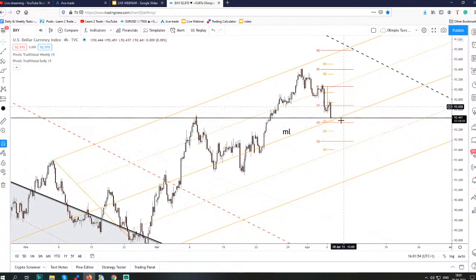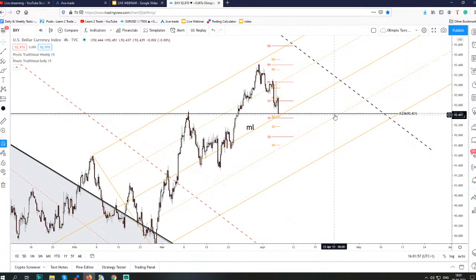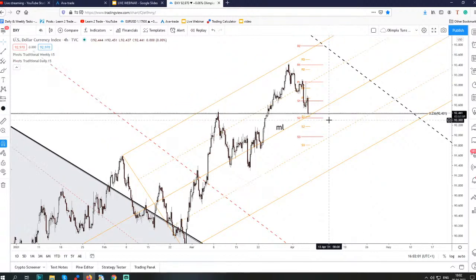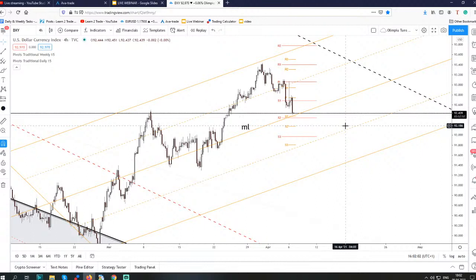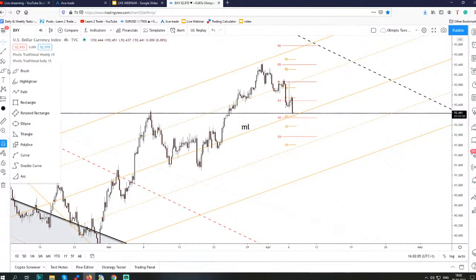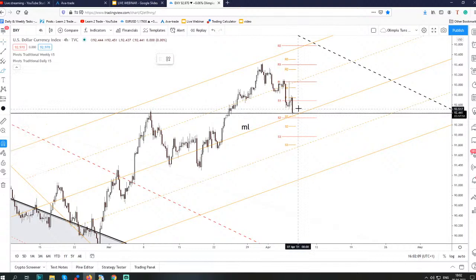Now it has reached the 23.6 retracement level and is almost at the medium line of the ascending pitchfork. So this is an important area here. We have an important support area here, also S2, S1.